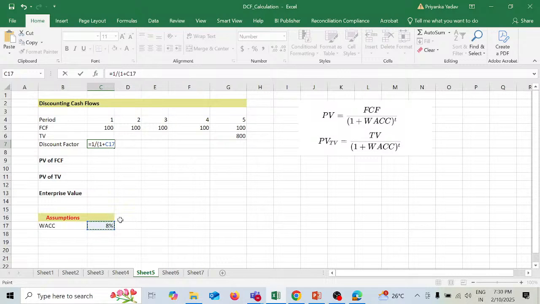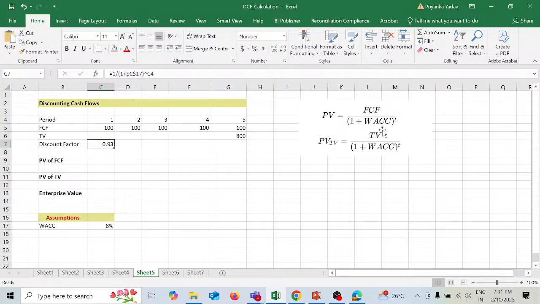Over here you can see 1 plus WACC raised to the power T. Close the bracket. Raised to the power, the time period over here is 1 year. And since I'm going to scroll this further to copy the same formula, I'll make it fixed by putting the dollar sign, which you can do with your F4 key. You've got the discount factor.